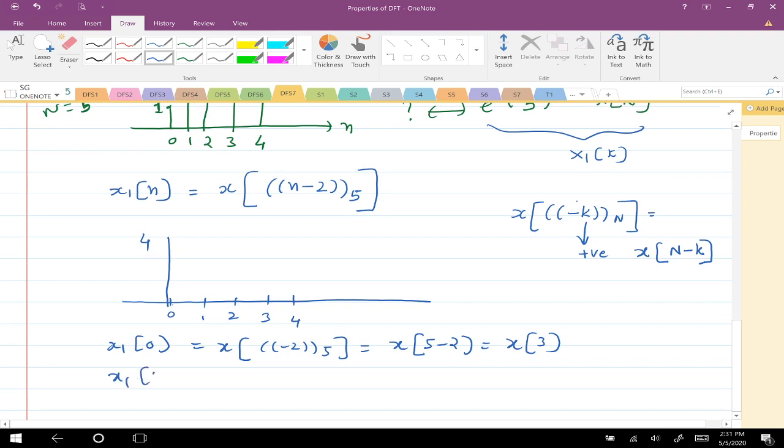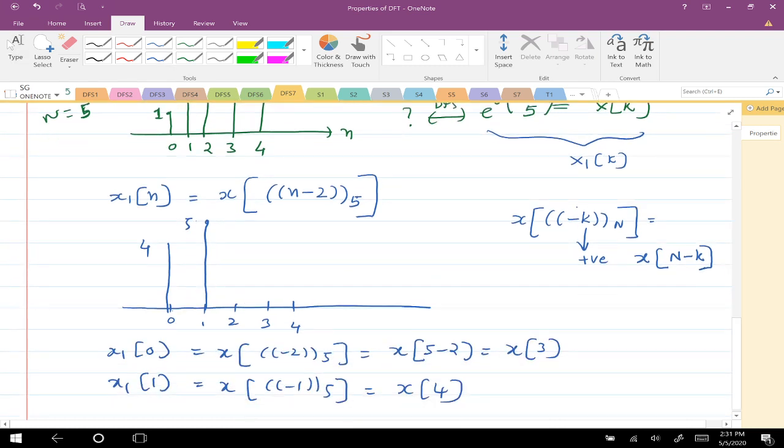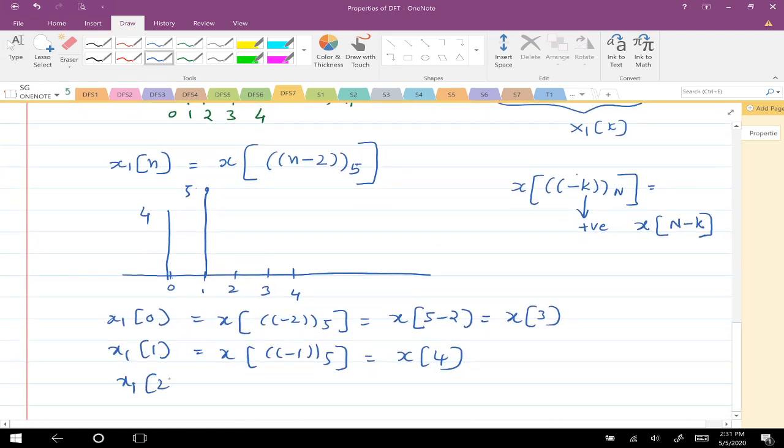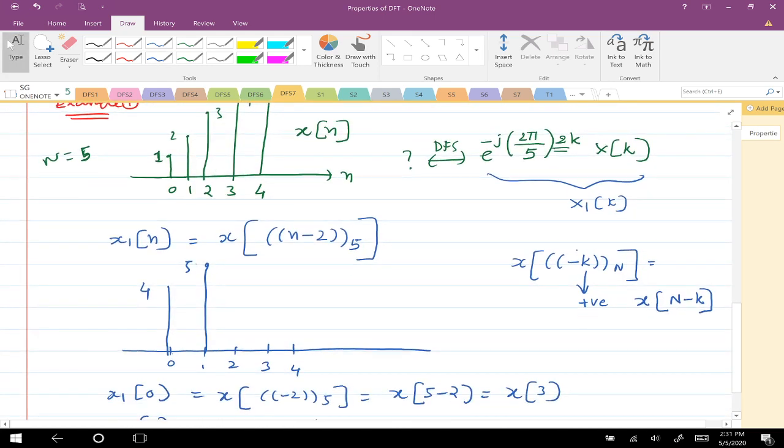Similarly, x1 of 1 is x of minus 1 modulo 5, which is 5 minus 1, x of 4, and x of 4 is 5. So this is 5. Then x1 of 2 is x of 2 minus 2, 0 modulo 5 is of course 0, so that's x of 0, which is 1. I would get 1 here.